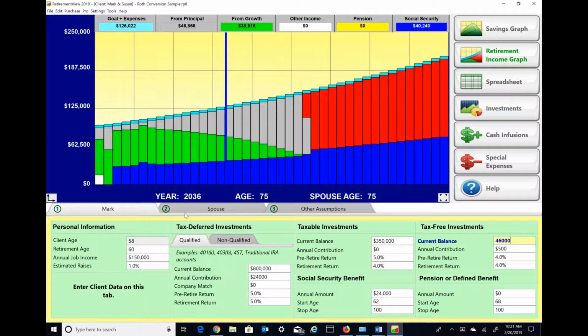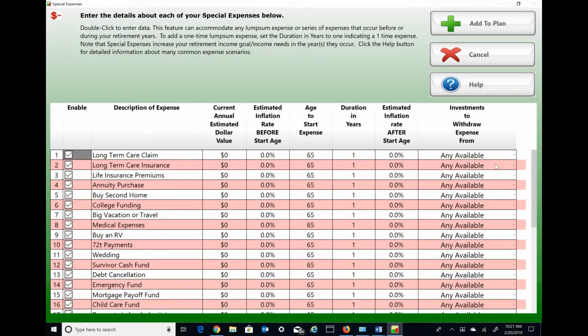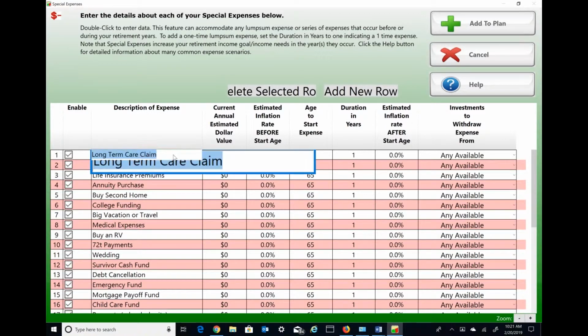There's a two-step process. We don't really have a way of doing transfers between the different buckets unless we do a two-step process. So what I'm going to do is go over here and click on special expenses and open that up. You can use any line you want. I'm going to click on the first line since it's convenient, and put in "convert 401k to Roth."